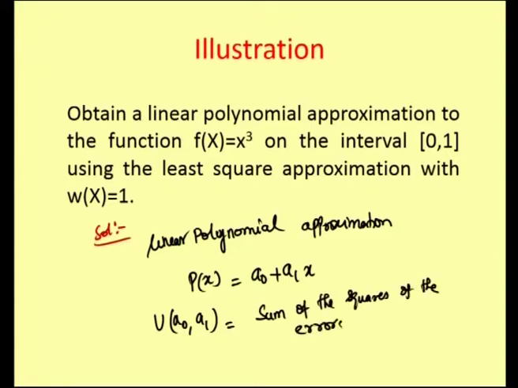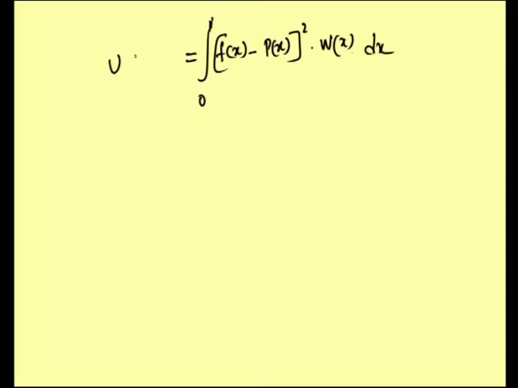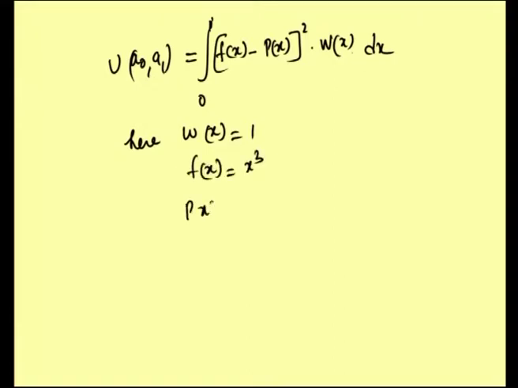According to the formula, it is equal to the given function f of x minus the polynomial function, the whole square, into w of x, over the integral 0 to 1 dx. Here w of x is given to be equal to 1, f of x is x cube, and p of x we have taken as a0 plus a1 x.